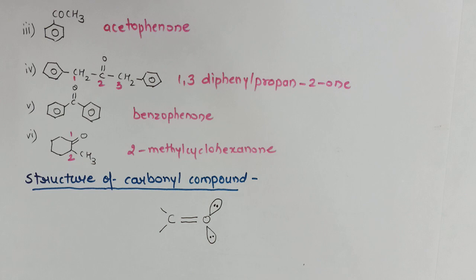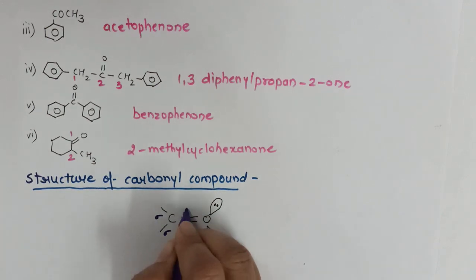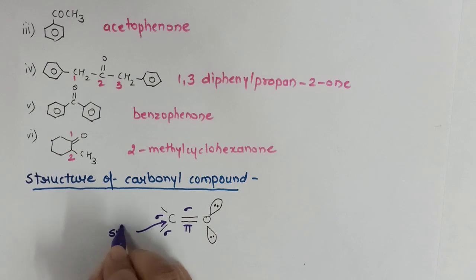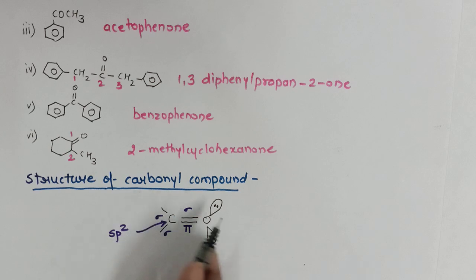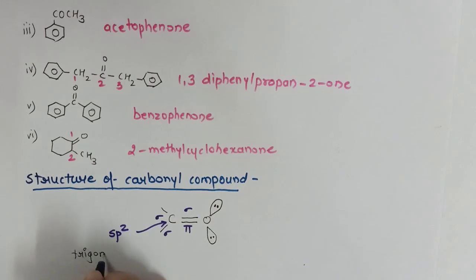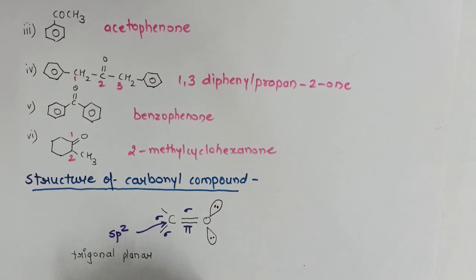So as you can see, there are 3 sigma bonds and 1 pi bond. This carbon is sp2 hybridized. As a result, we will say that this carbonyl compound acquires trigonal planar geometry, which has 3 sigma bonds, 1 pi bond, and oxygen with its 2 lone pairs.